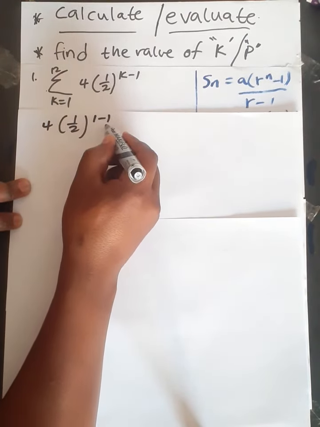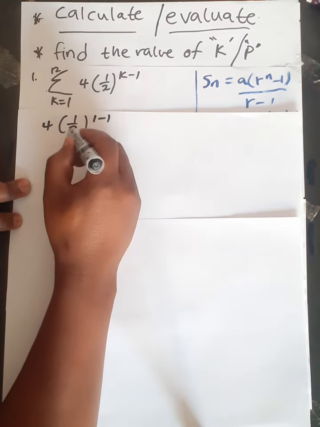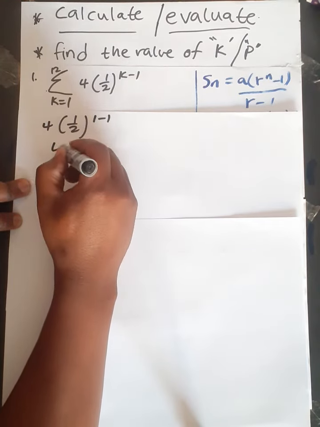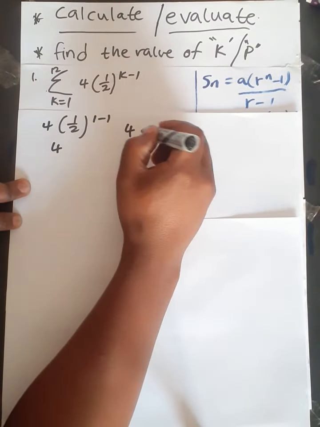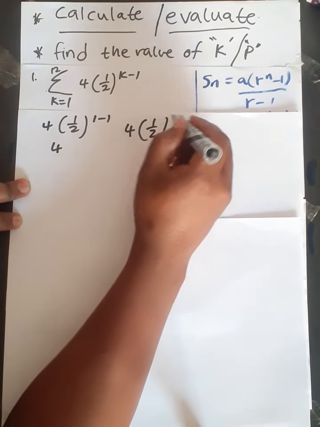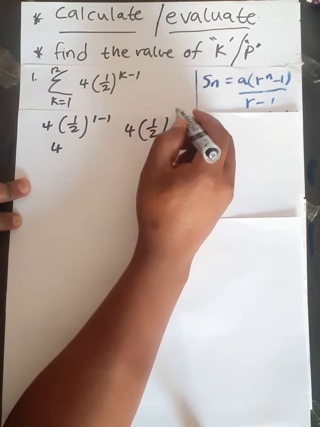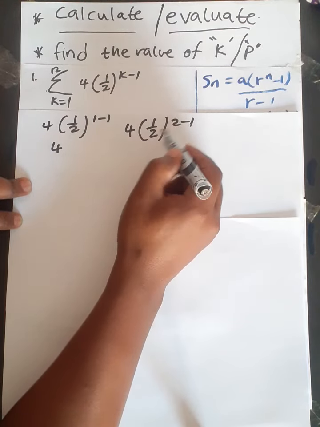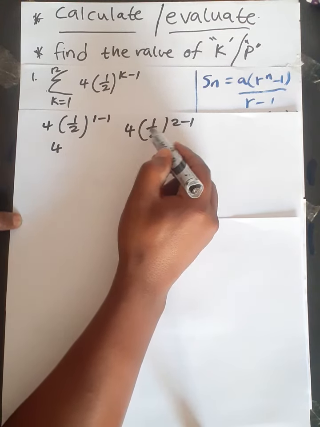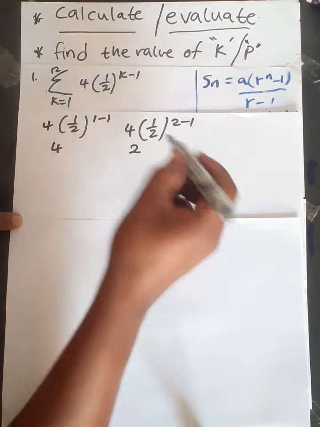1 minus 1 is 0. Anything raised by 0 is 1. 4 times 1 is 4. This is term number 1. Term number 2, we substitute 2 here. We have 1 over 2 raised to 2 minus 1, and 2 minus 1 is 1. So half raised by 1 stays as half. 4 multiplied by half gives 2.